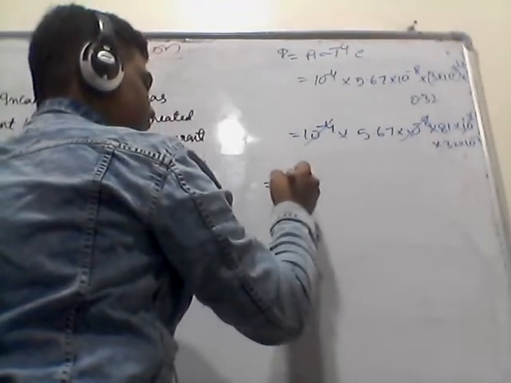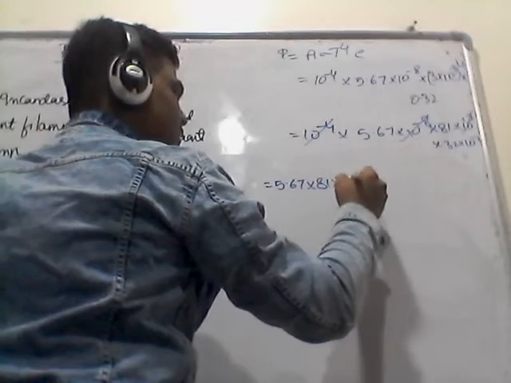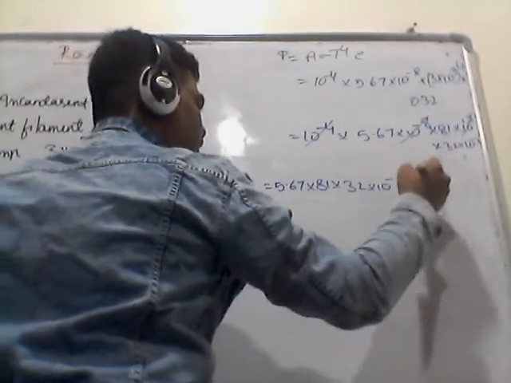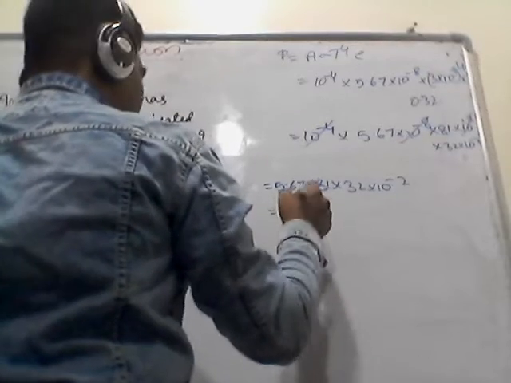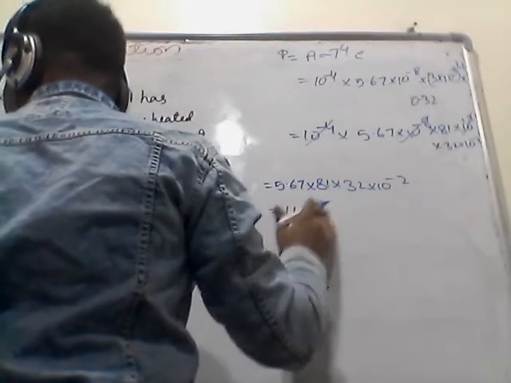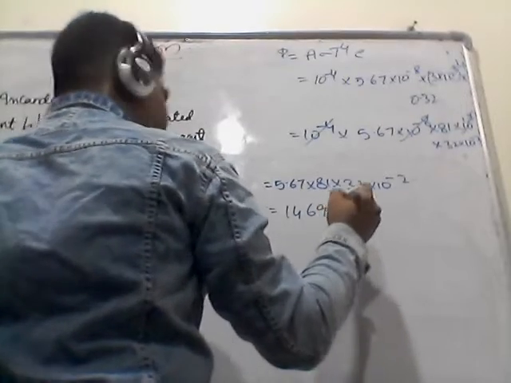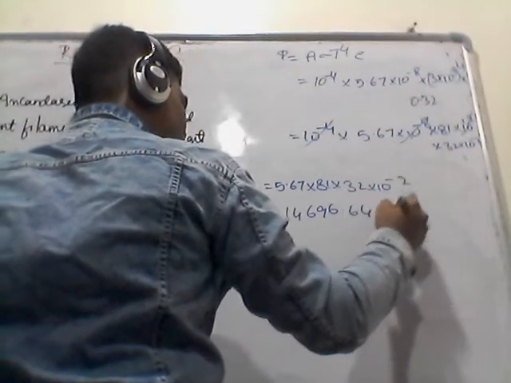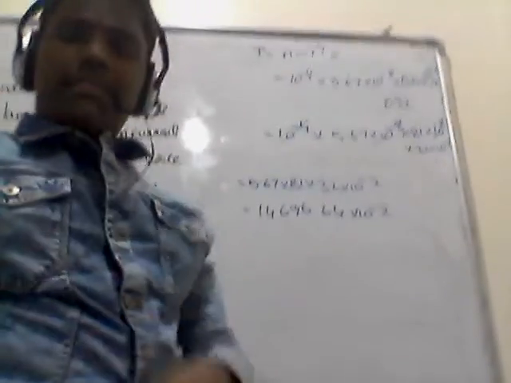So now what is left with us? 5.67, 81, 32, 10 to the power of minus 2. When you simplify this, you get something around 14696.64 into 10 to the power of minus 2. This value I got after multiplying it.